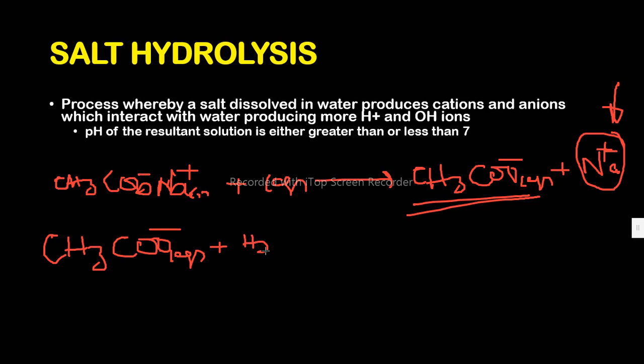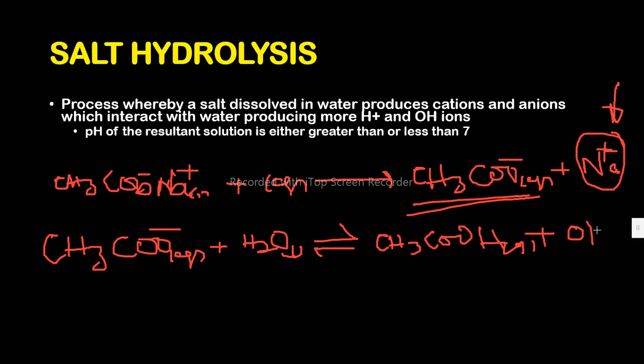They can react with the solvent molecules to form a weak acid, which is ethanoic acid, aqueous, and in the process, OH ions are produced, aqueous. And so the resultant pH of this solution, instead of being 7, because of these OH ions that are produced, is going to be above 7.